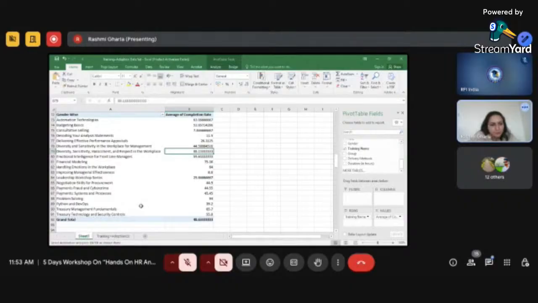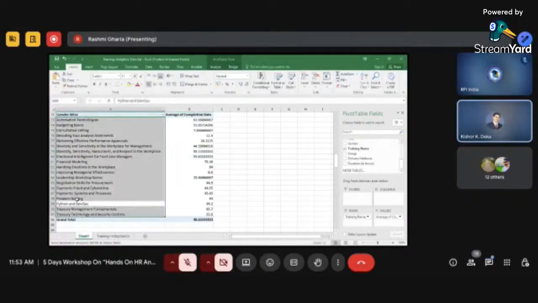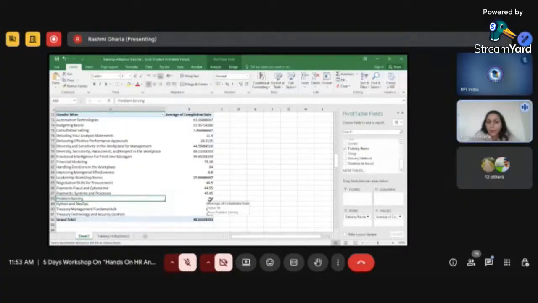Next one is problem solving, the second one, right? 94% completion rate. It is again very good. Then if we see financial modeling, it is 75%. Automation technology. If you see the names of the training programs, these all are trending, right?